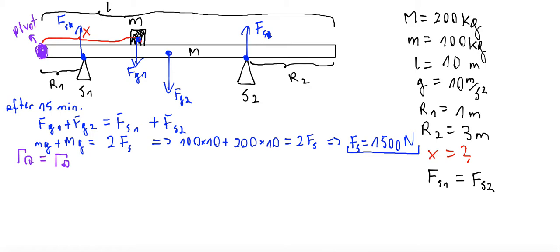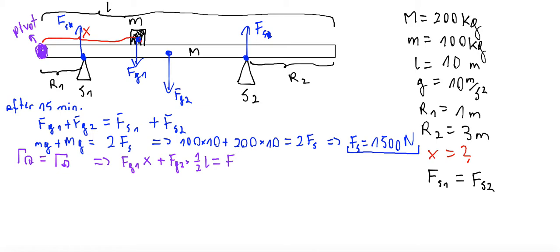So let's look. The torque in the clockwise direction is given by only two masses. So we have gravitational force 1 acting on the mass placed on the rod times a distance, which is unknown, plus gravitational force 2 acting on the rod times a distance, which is half of the length of the rod, because we have to connect this force to the center of mass, must be equal to the torques given by the supports.